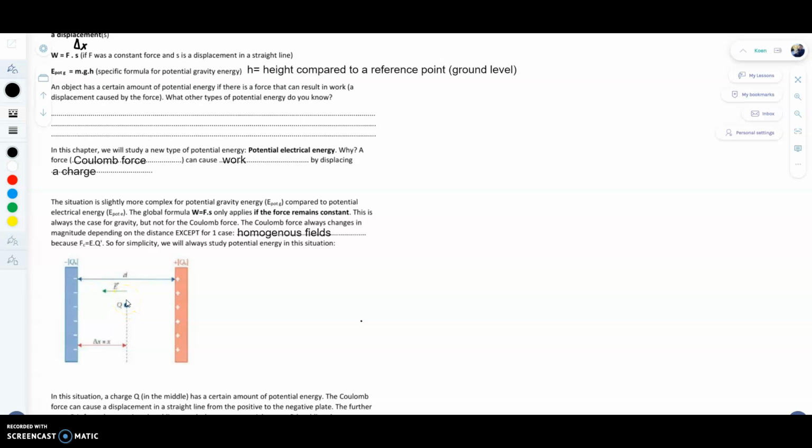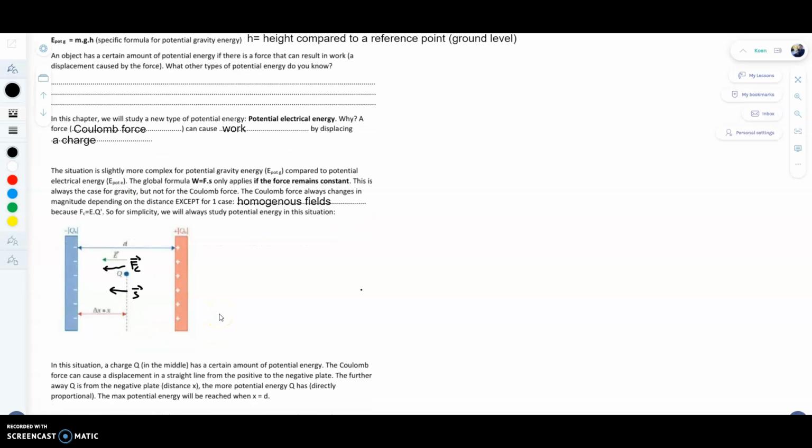Well, it is a positive charge, and in our previous chapter we saw that if this one is positive, your Coulomb force will actually have the same sense as your electric field E. Meaning, if the Coulomb force is going to perform work, it is going to displace the charge in the same direction.